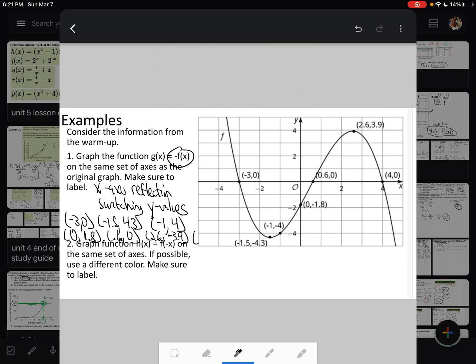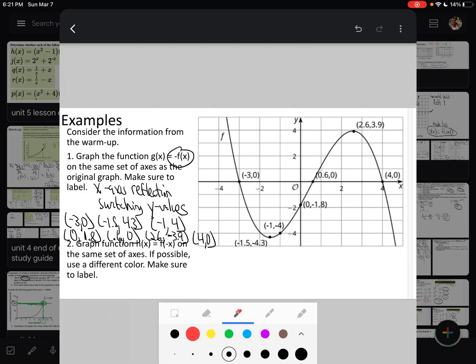And then the final point, 4, 0, is going to stay at 4, 0, because the x value stays the same, and the opposite of 0 is 0. So all I'm going to do now is graph these points on this graph here, and draw the reflection over the x-axis.